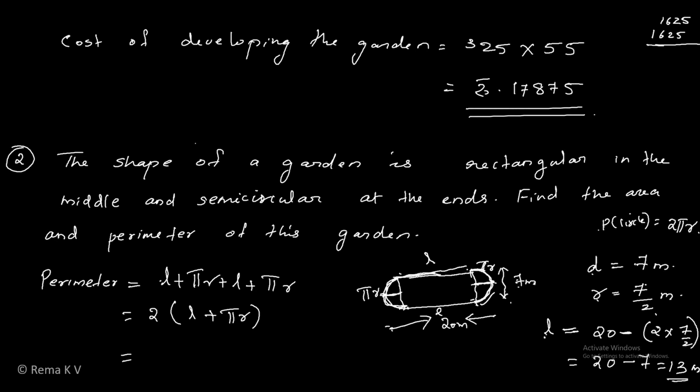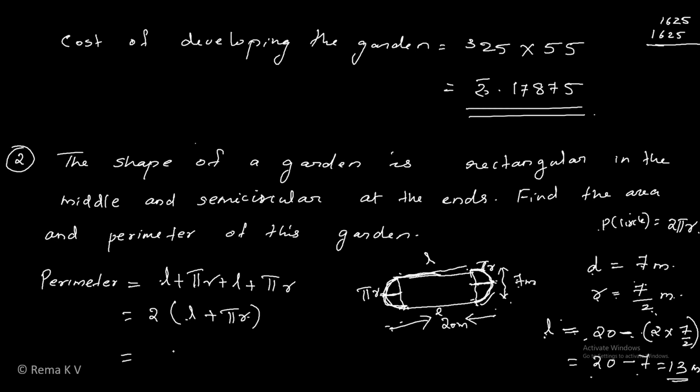See, the diameter of the semicircle is 7 meter, the radius is 7 by 2 meter, and the length of the rectangular part is the total length 20 meter minus twice the radius. Here one radius is there, here one radius is there. So twice the radius, 2 and 2 get cancelled, and 20 minus 7 is equal to 13.